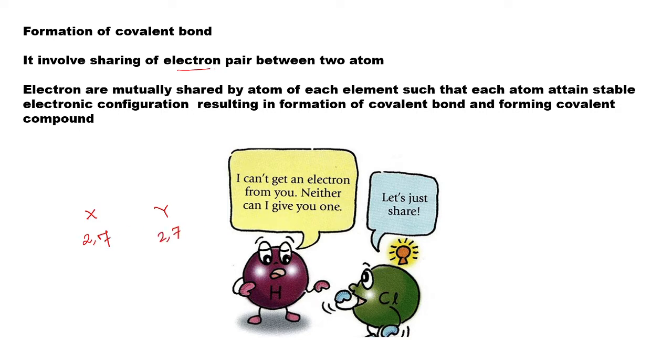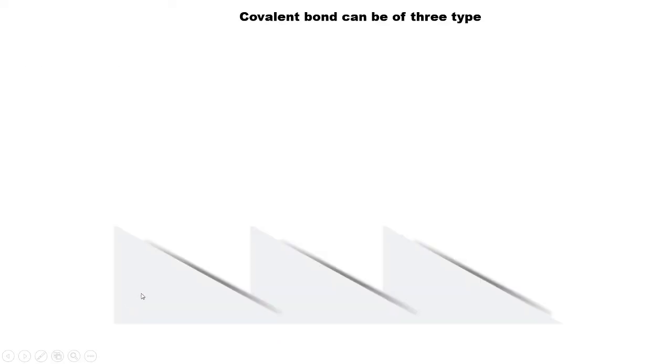Suppose I'm representing the electrons by dots and crosses. That means each will have 7 electrons in its valence shell. It is not possible for them to transfer the electrons. So what they will do is, one electron pair will be mutually shared between them to form the covalent bond.